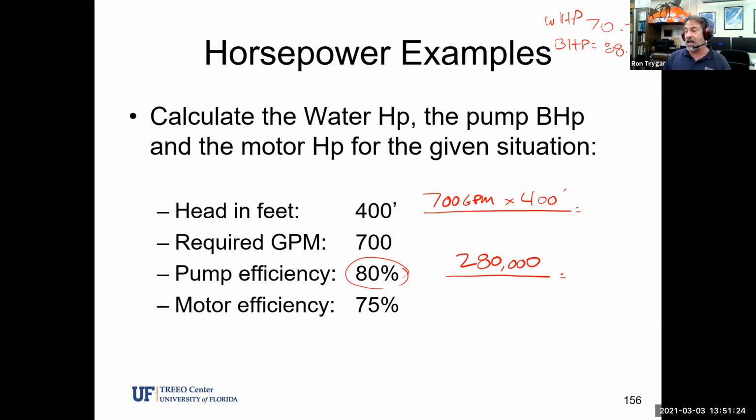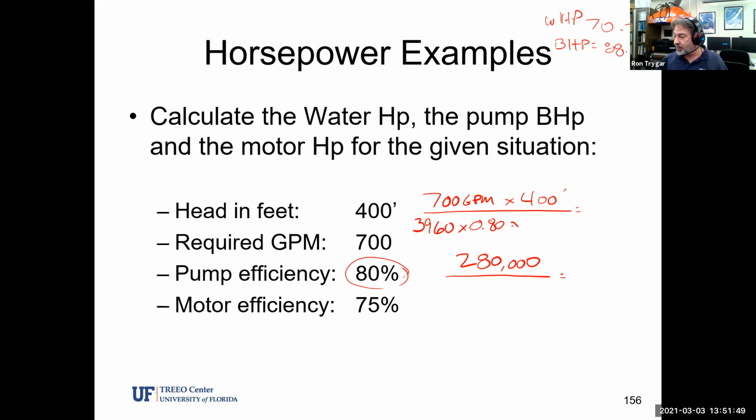So that can stay. What about the denominator? Well, that's going to be a separate number. We had 3960, and we multiplied by the pump efficiency, 0.8, which we had just a second ago.